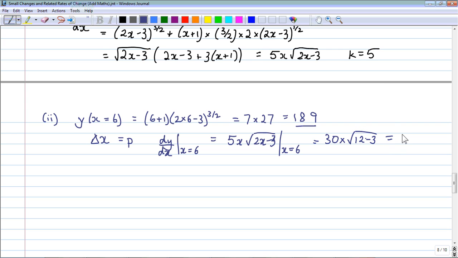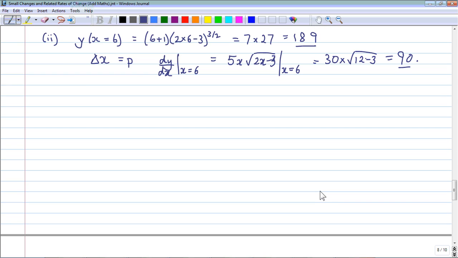So that should just be 90. So finally we can calculate delta y as dy by dx when x is 6 times delta x, which is 90p.